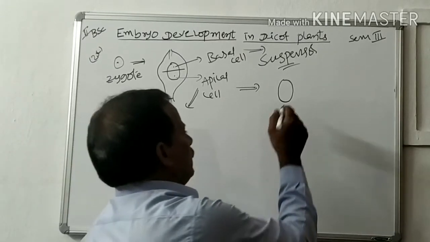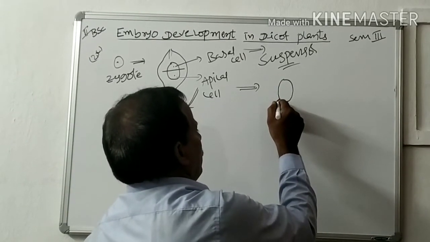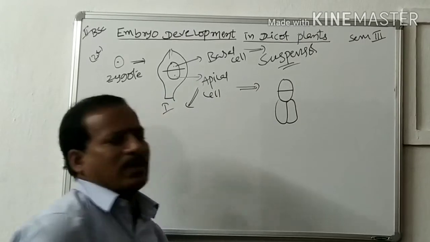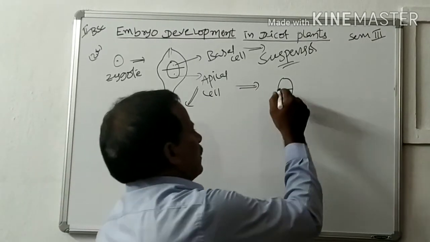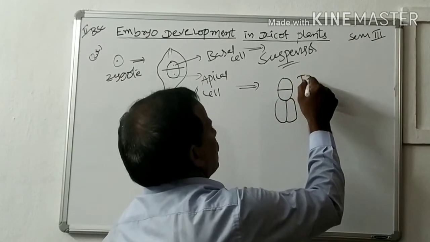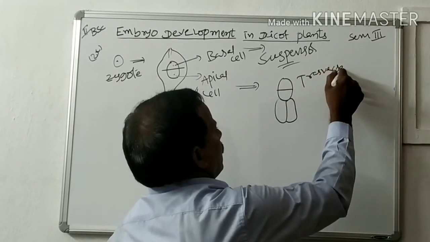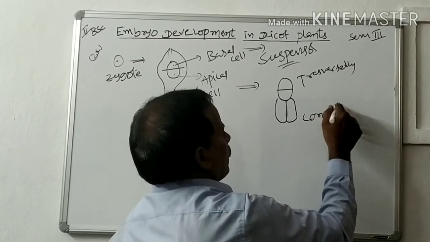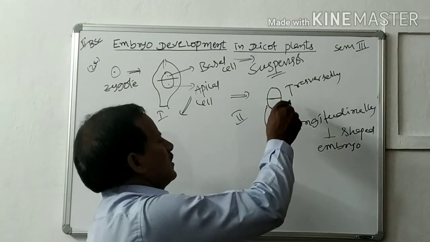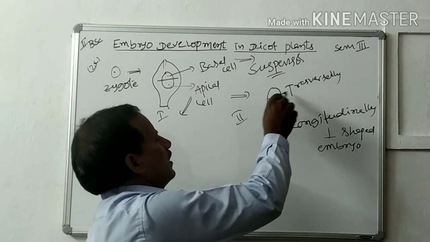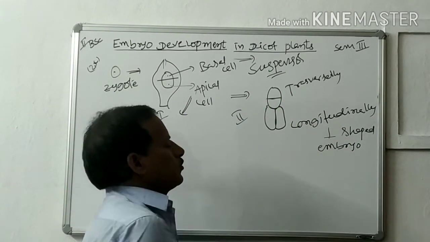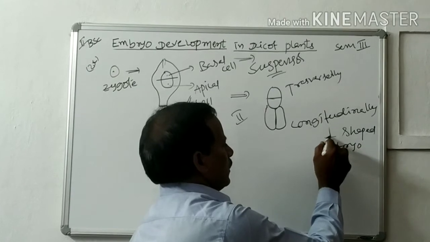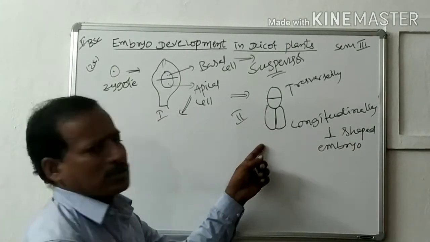And the next one: the apical cell and basal cell both divide mitotically. In the second stage, the basal cell divides transversely and the apical cell divides longitudinally, and there are 4 cells in the embryo. It is T shaped.